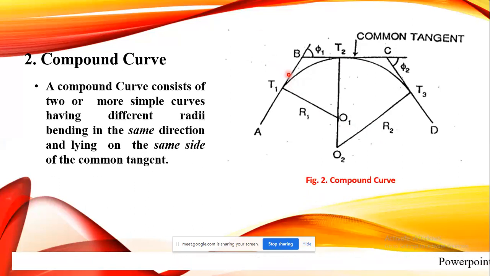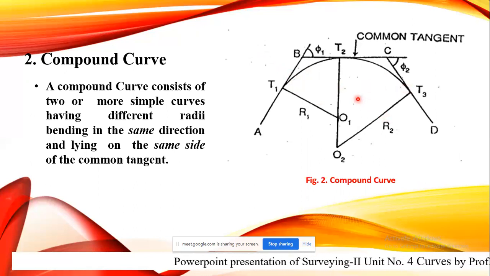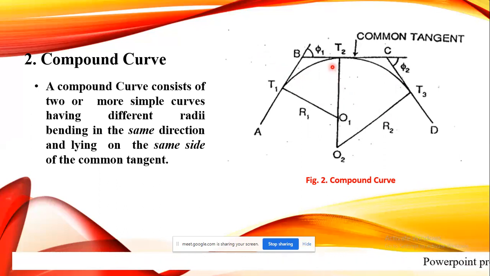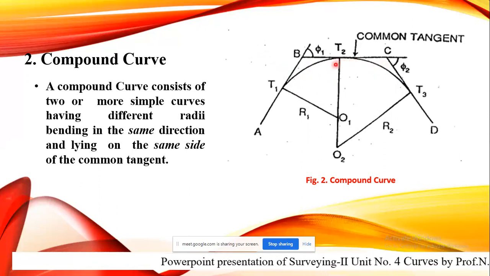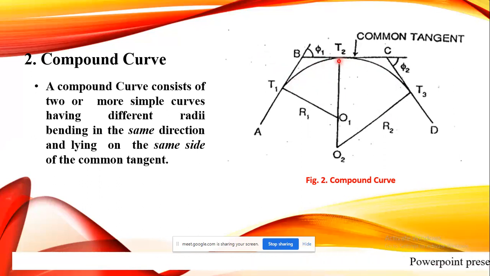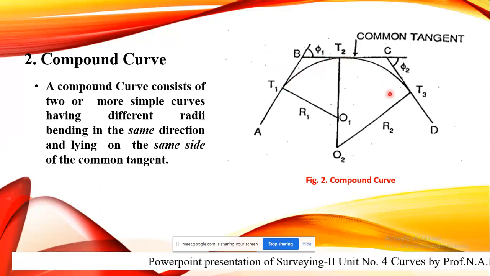In this case, a common tangent is provided, so that whenever there is a change in direction, that is the common intersecting point of the two curves, T1 to T2 and T2 to T3.